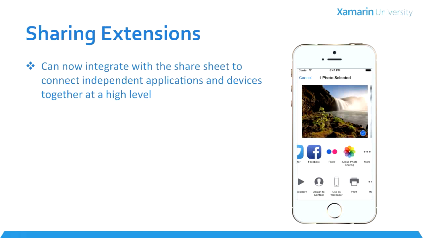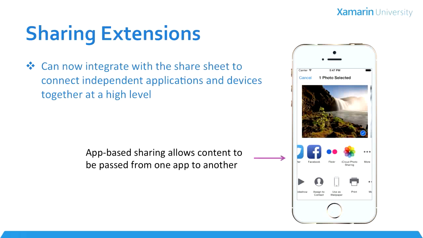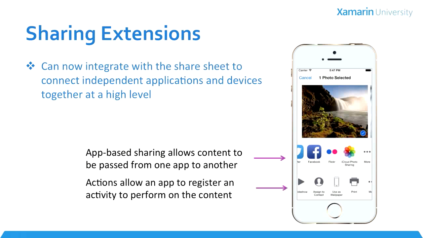Now, iOS 8 opens this up to custom apps at 2 levels. We can take content from our application and share it with other applications directly. And so in this case, the system copies the content to a location, and the other app can access and manage the transfer of data. Or we can create an action, which is a function to perform on the data.